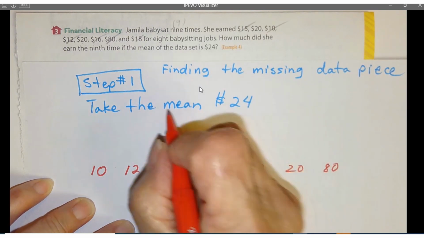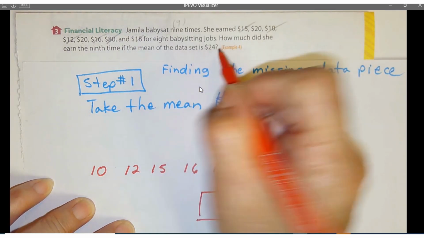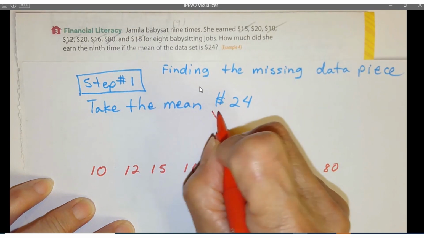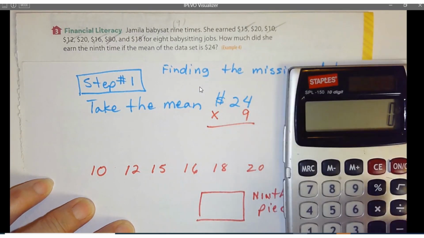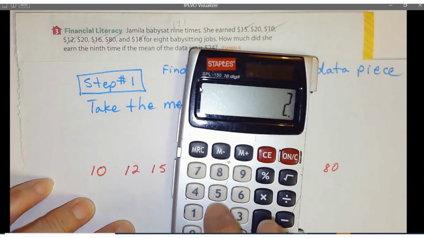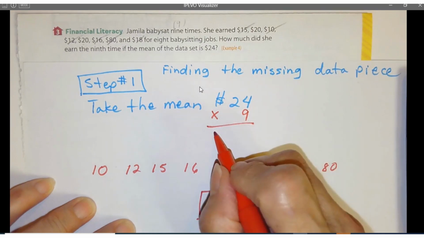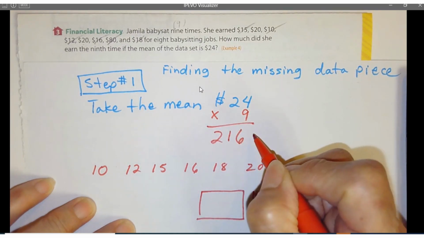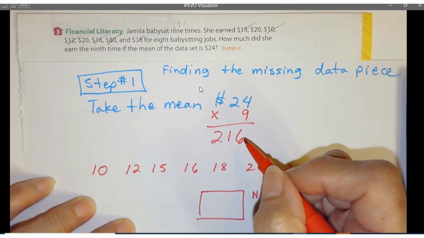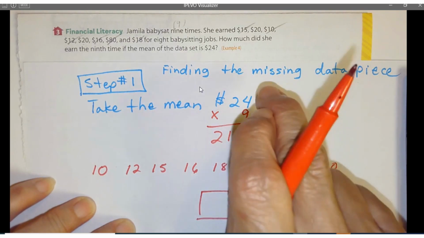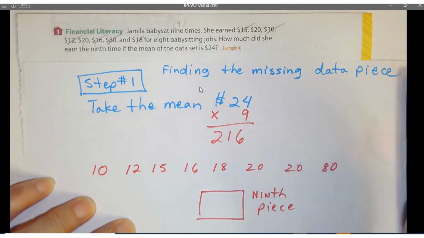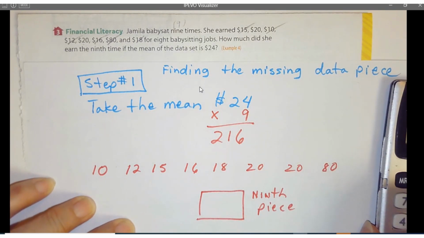So we go ahead and we take the mean that they gave us and we multiply that by 9. 24 times 9 equals 216. So that's actually the total number that we would get times the 24. That should give us an average.